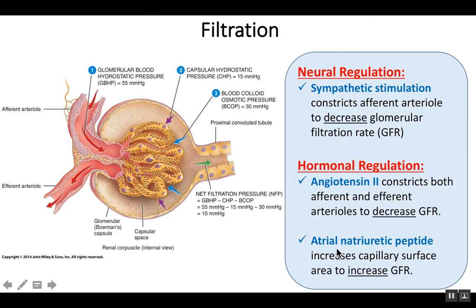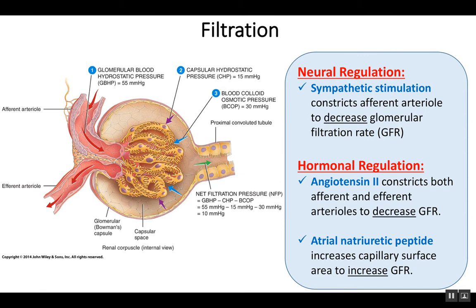The next one is opposite these other two. Atrial natriuretic peptide increases GFR. So if you recall, this hormone is produced by your heart, your atrium. And what stimulates this production is high volume of blood.